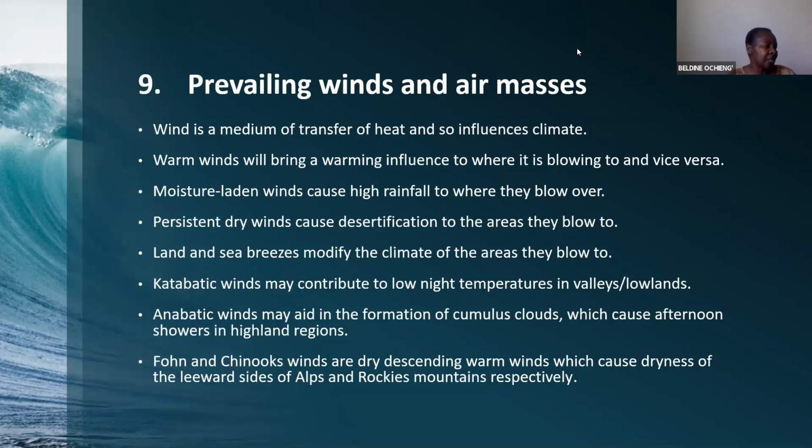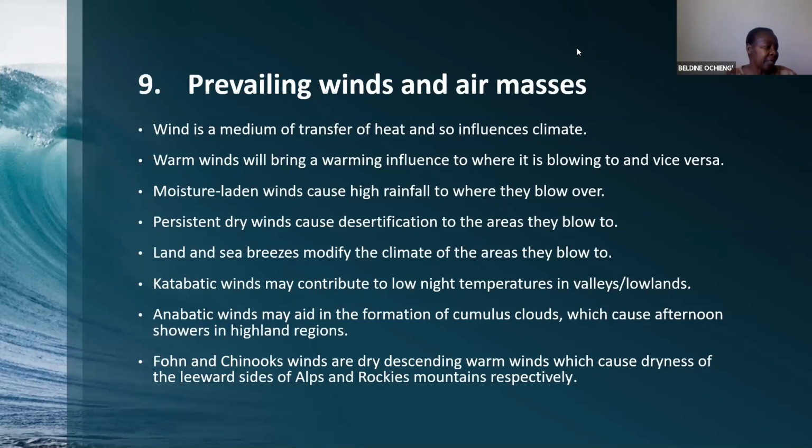What is their effect on climate? Katabatic winds may contribute to low night temperatures. Katabatic, the ones that are flowing downwards from a mountain to the valley, will contribute to low night temperatures in valleys or lowlands.